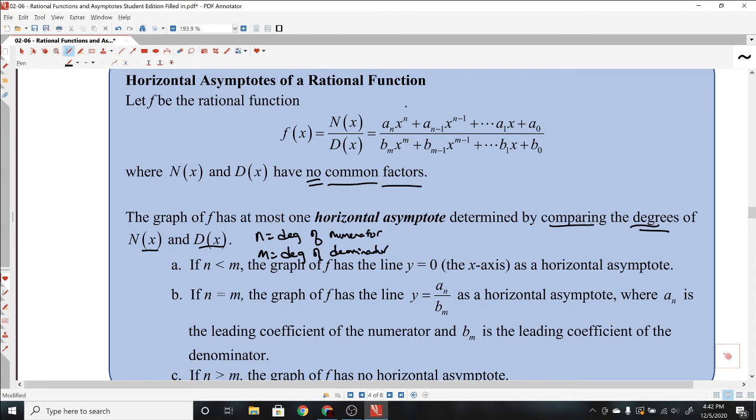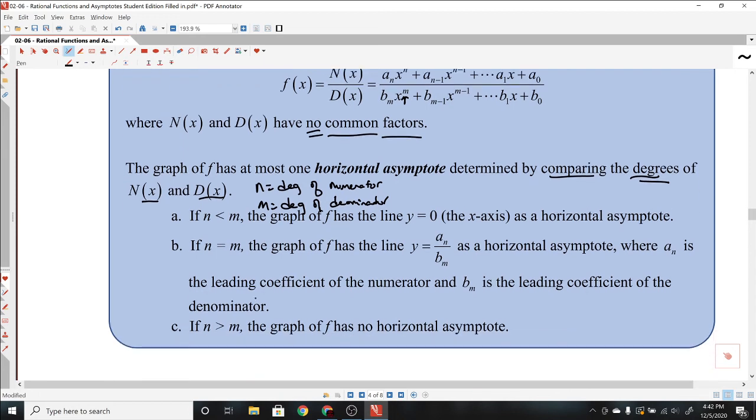And again, real quick, the degree is just the largest power of x. So if the degree of the numerator is smaller than the degree of the denominator, that is, if I have something like an x cubed on the top and an x to the fifth on the bottom, then the line y equals 0, or the x-axis, is a horizontal asymptote.